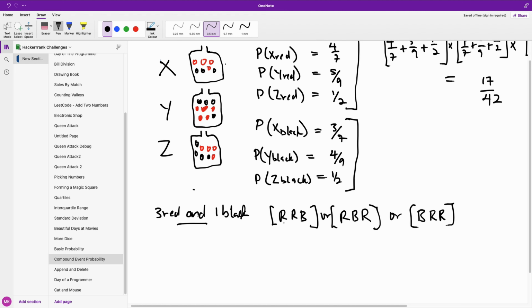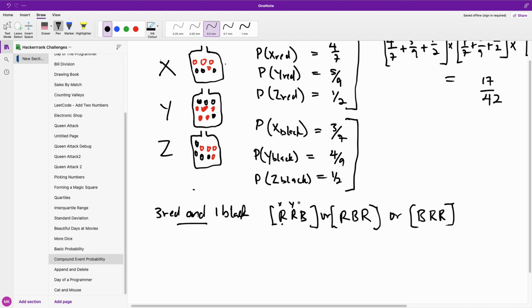So the probability that a red ball is drawn from the first two. In this case we have P(red) here, so this is the probability for the first box. Let me label it correctly.